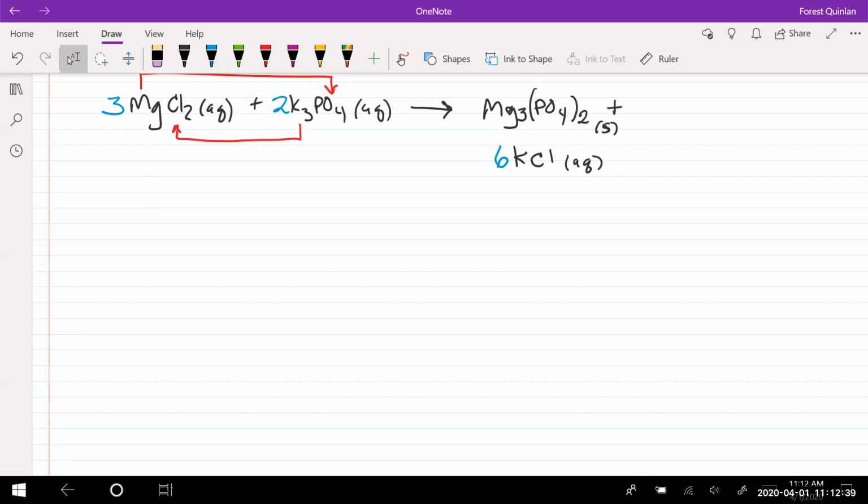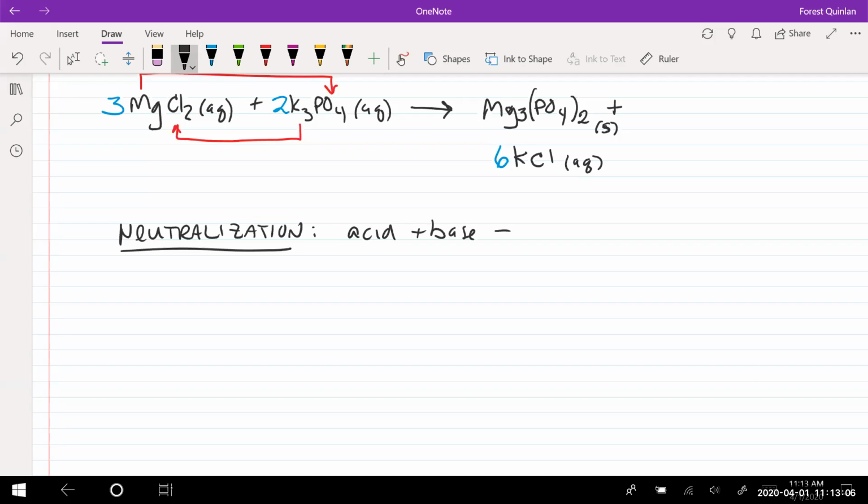Let's go ahead and do neutralization. And then I'll talk briefly about something else, and then we'll end the recording and stick around for after class questions. So neutralization. Almost done, guys. Neutralization. This is an acid and a base, and they're going to make water.